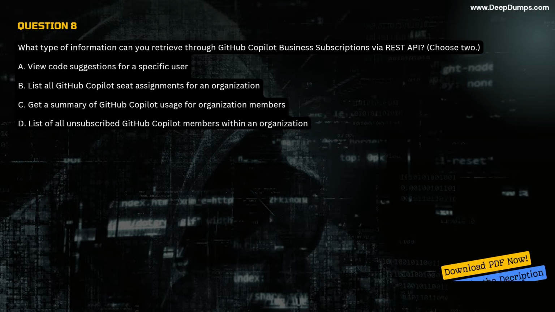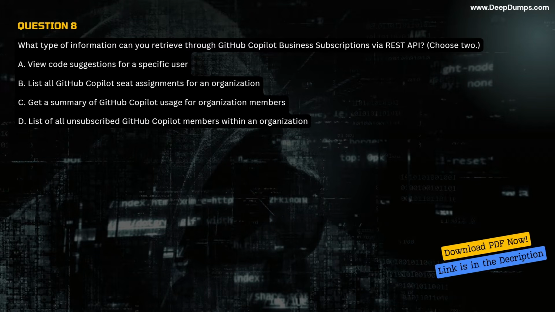Question 8. What type of information can you retrieve through GitHub Copilot Business subscriptions via REST API? Choose 2. A. View code suggestions for a specific user. B. List all GitHub Copilot seat assignments for an organization. C. Get a summary of GitHub Copilot usage for organization members.